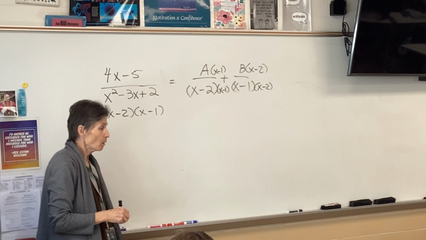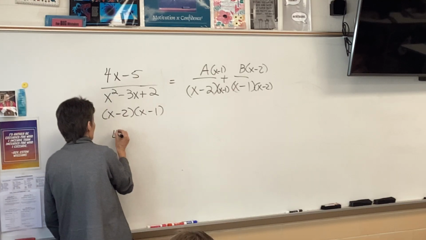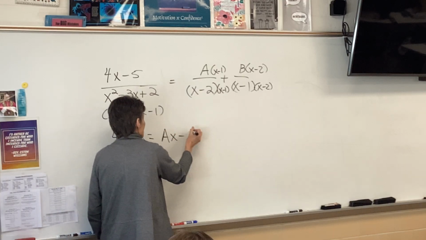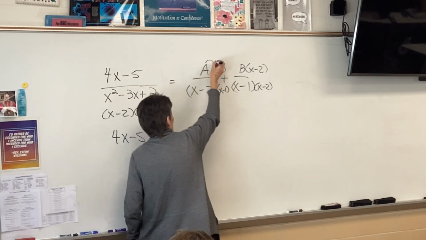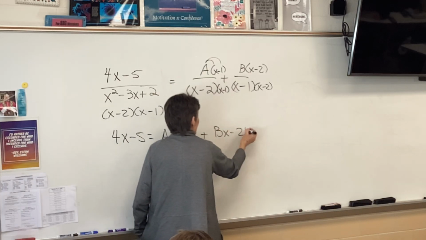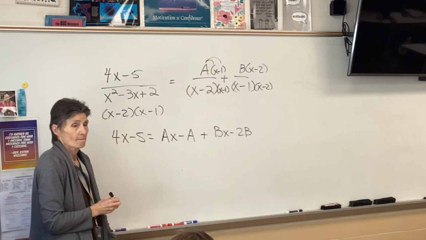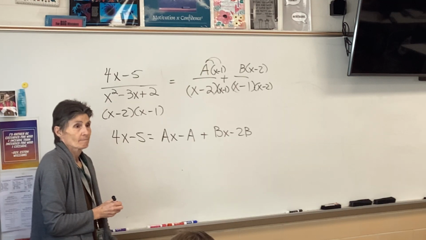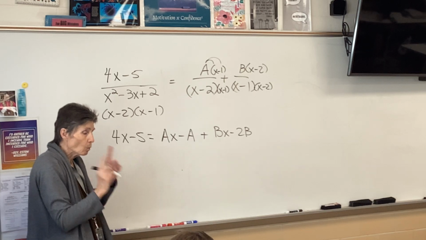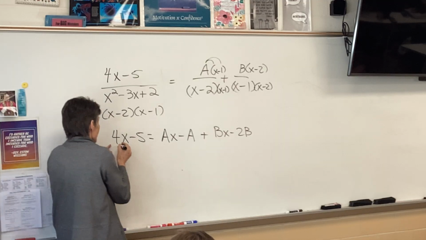Okay, now what? 4x minus 5 equals ax minus, just the numerator. So 4x minus 5 equals ax minus a. I'm going to go ahead and distribute here, plus bx minus 2b. All right. Now, what comes next? 4 equals a plus b.